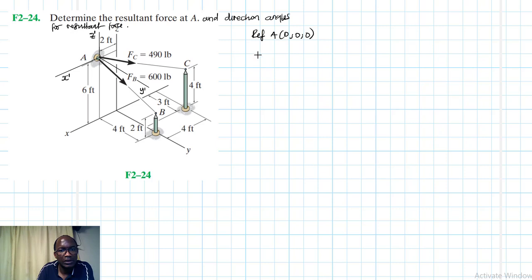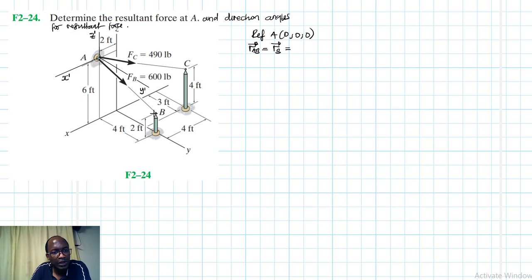So let's find the position vectors AB and AC. So we have RAB, and since A is our reference, we can also write this as just RB. And this is equal to, what are the coordinates in the X? Mind you, A is our reference.